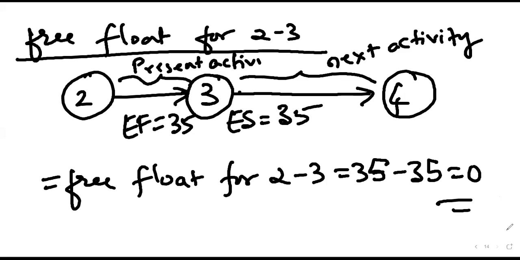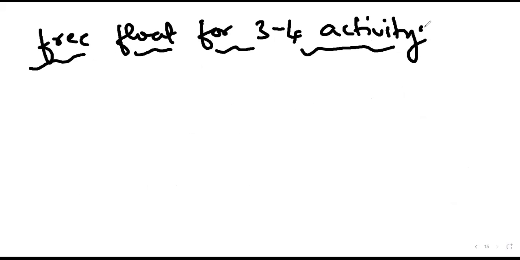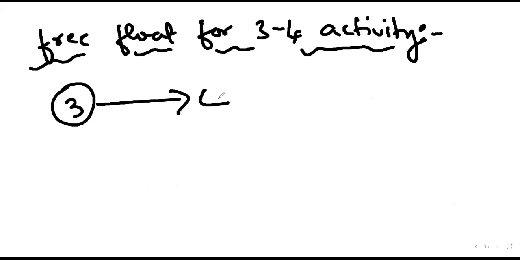Okay. So if anyone wants me to go back to the previous screen, just let me know. Currently, I'm going ahead. So free float for 3-4. What is the next activity after 3-4? 4-7.